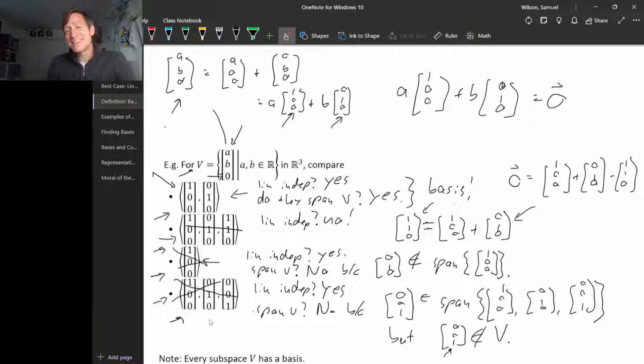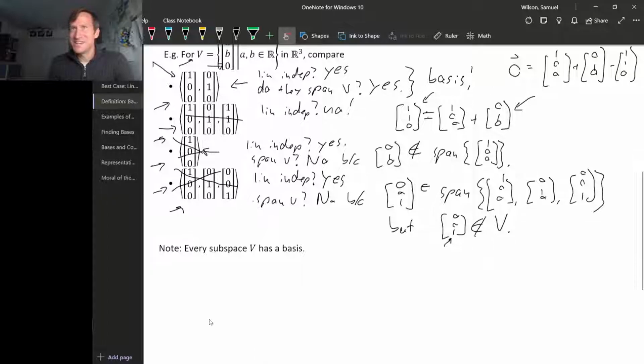Now, something that might not be totally obvious at this point is whether every vector space has a basis. For subspaces of R^n, you can probably convince yourself that yes, every subspace does have a basis. In fact, for most vector spaces that you might want to write down, you can probably come up with a basis.